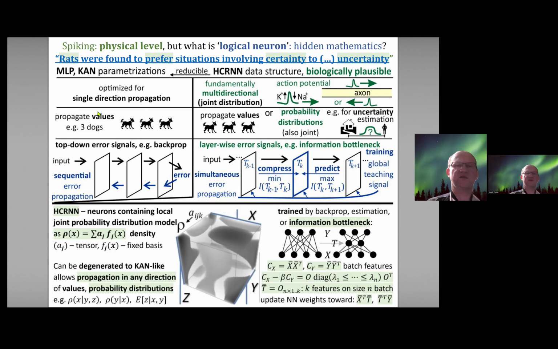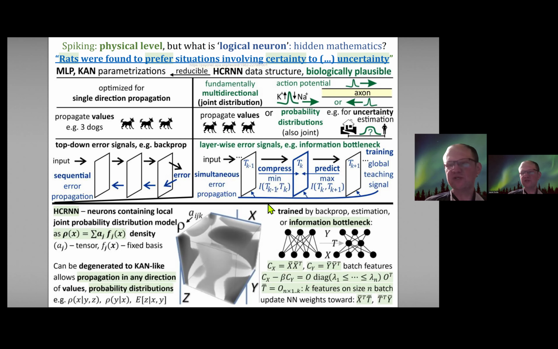The second difference is that we usually work on values, but for example, rats also make decisions based on variance. So maybe they somehow work on probability distributions, so maybe not only values, but also higher moments, for example. So how to do it? And the third difference is that backpropagation is said to be not local, so not biologically possible.